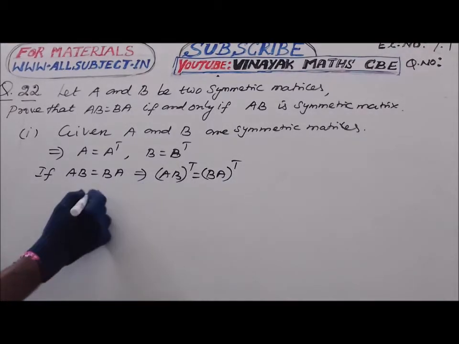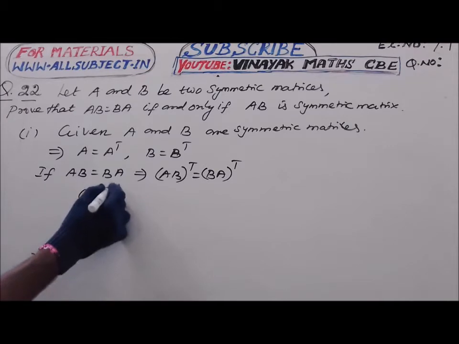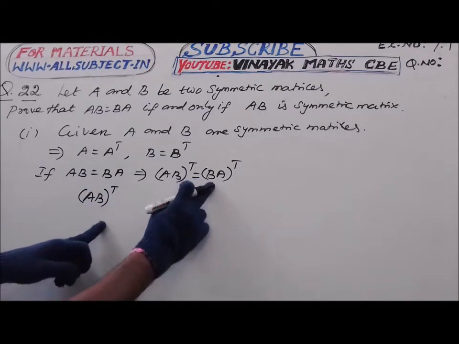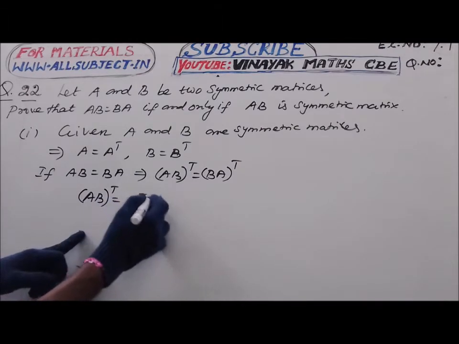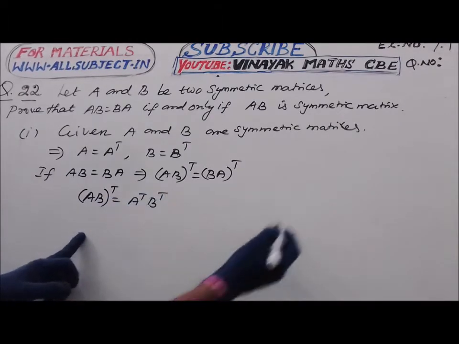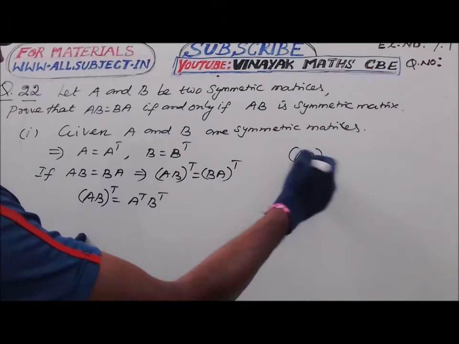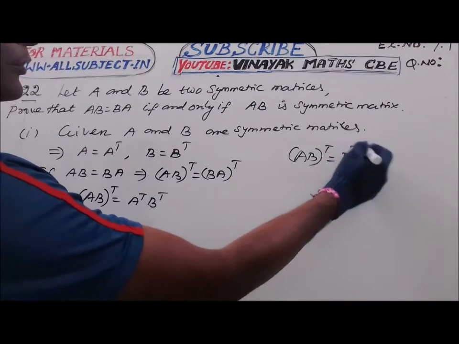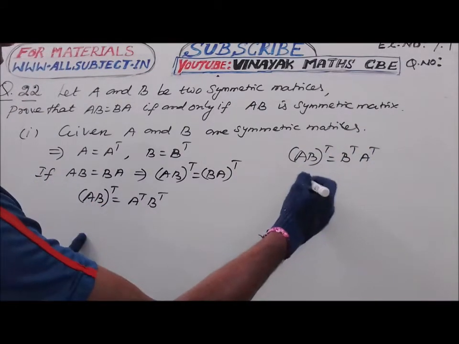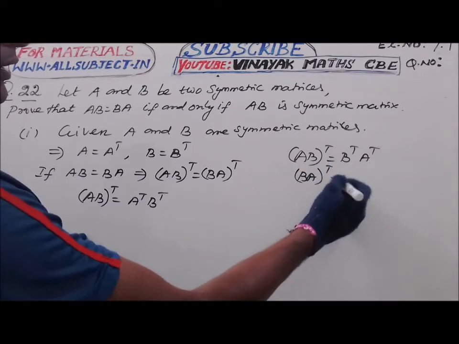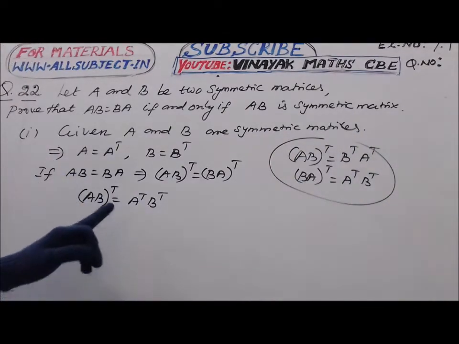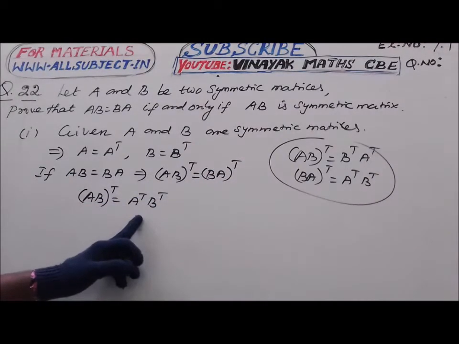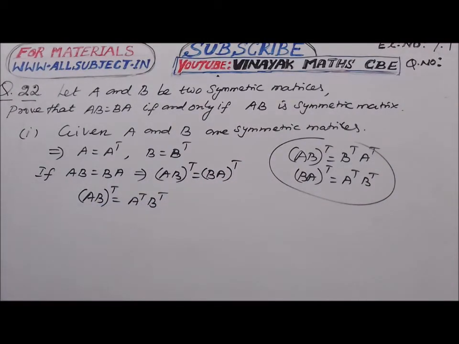Now the right side value, BA whole transpose, is equal to A transpose into B transpose. We have the formula AB whole transpose is equal to B transpose into A transpose, and BA whole transpose is equal to A transpose into B transpose.